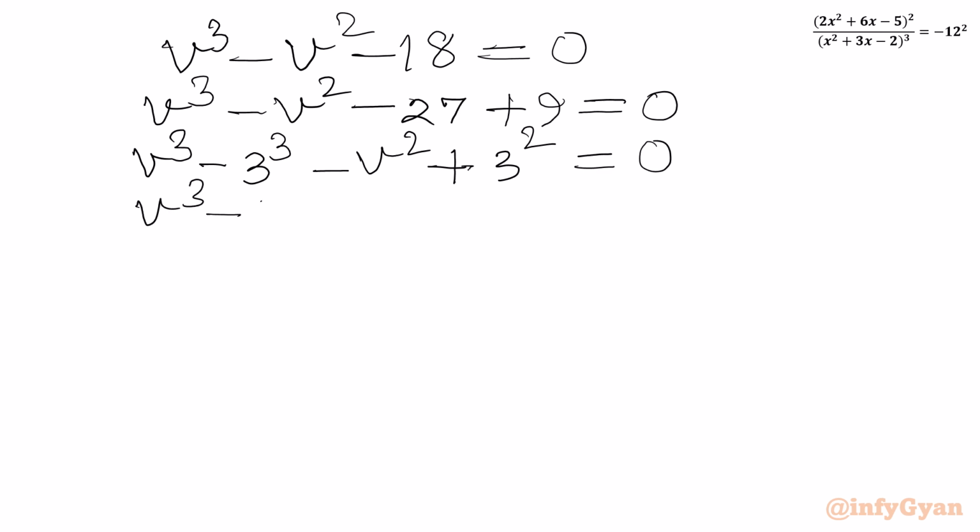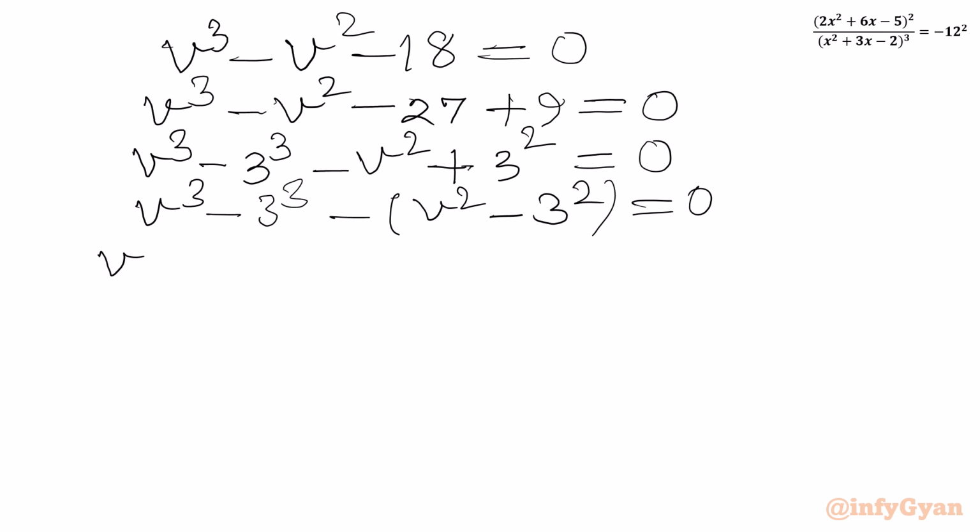Or v cube minus 3 cube, minus is common here, in bracket v square minus 3 square. Now we will use the a cube minus b cube formula and the a square minus b square formula.